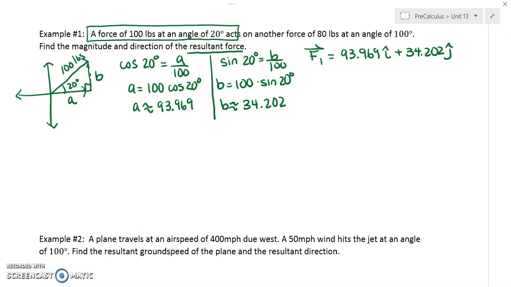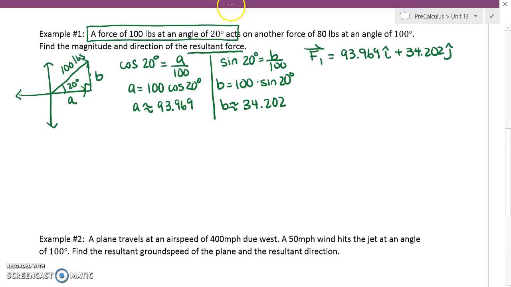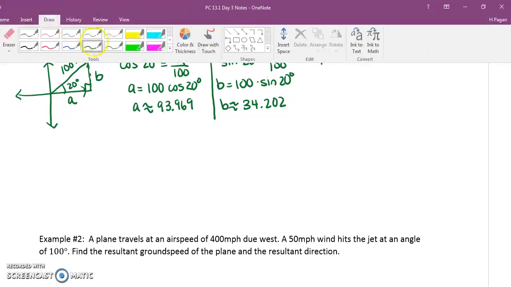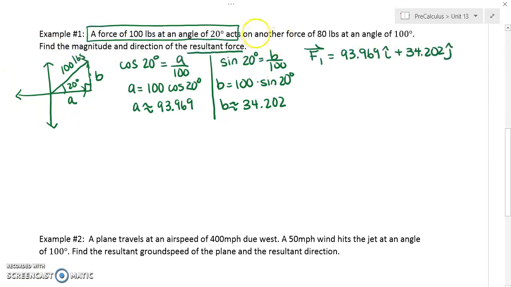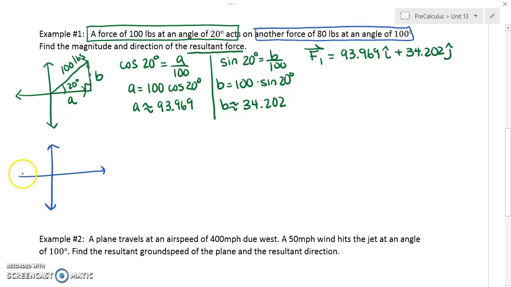Now there's a second force in play, and so we're going to do the exact same thing for the second force. The second force is 80 pounds at an angle of 100 degrees. So I'm going to draw that image really quick. 100 degrees is in quadrant 2, and it's 80 pounds for my magnitude.